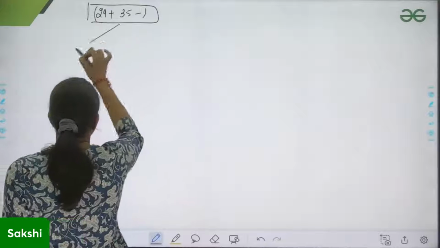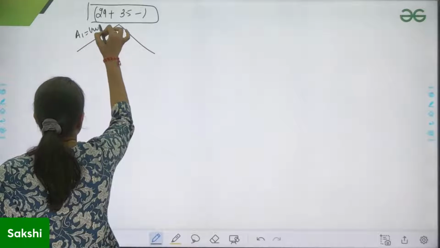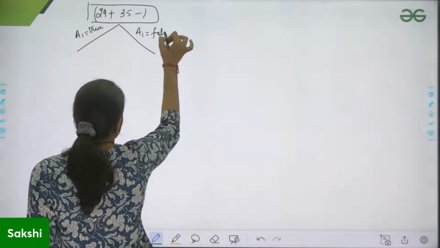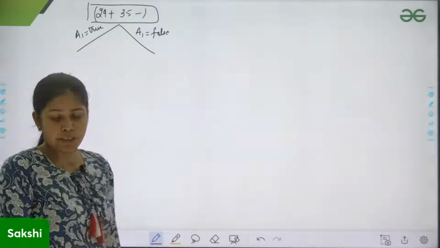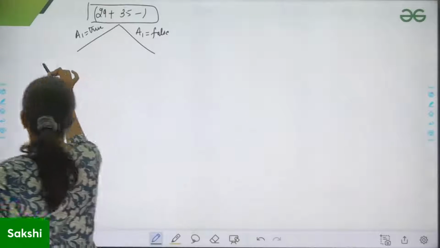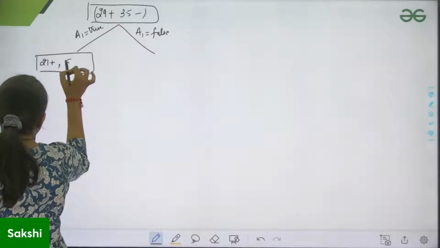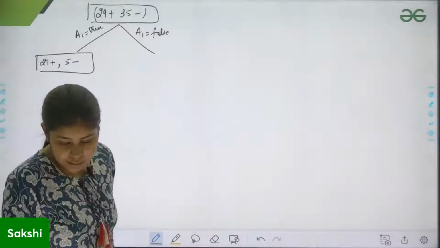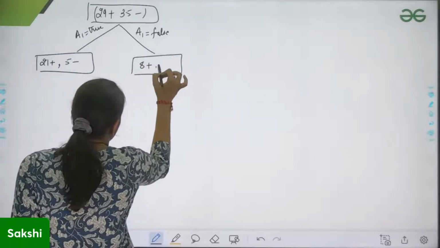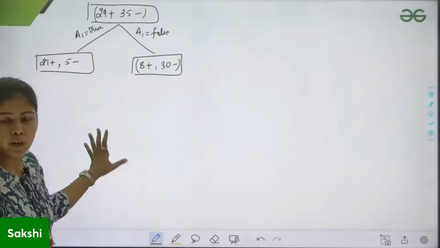Using one feature A1, we have two conditions: A1 is true and A1 is false. We used the feature A1 to split this data set, and in this case we got 21 positive and 5 negative, and 8 positive and 30 negative. This is one of the splits.